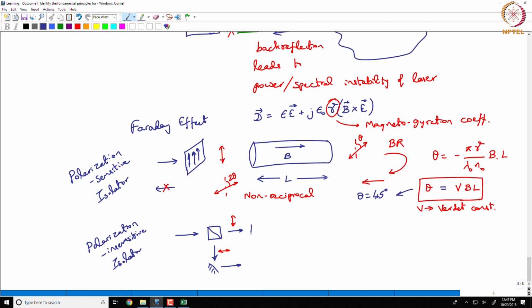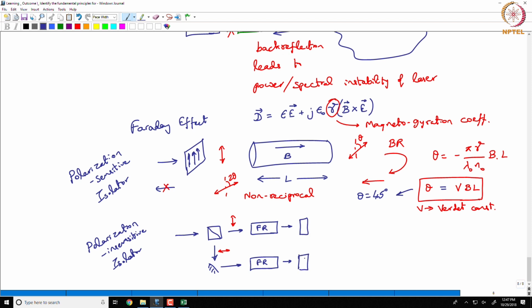Then I go through my Faraday rotation material. So this is my FR material, which is rotating this polarization by 45 degrees.